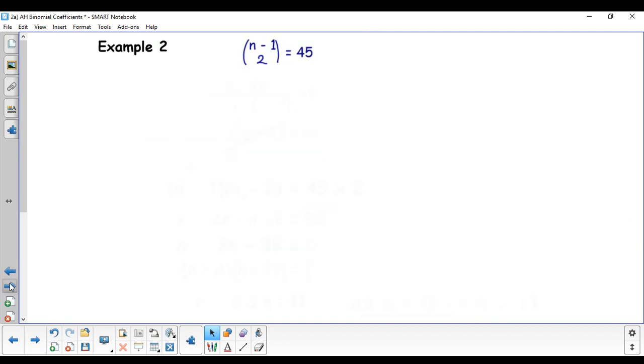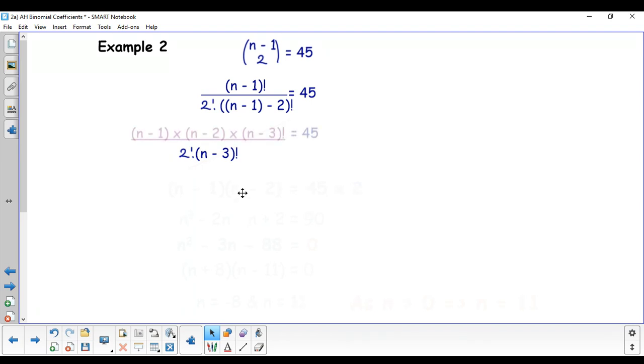Let's do one more. This will be n minus 1 factorial at the top over 2 factorial times n minus 1 take 2 factorial. That bracket in there becomes n minus 3 factorial. So that's the denominator. I'm doing that first this time to show you that's what I'm aiming for at the top. So it'll be n minus 1 times n minus 2 times n minus 3 factorial. Then what we should notice is they'll cancel out.